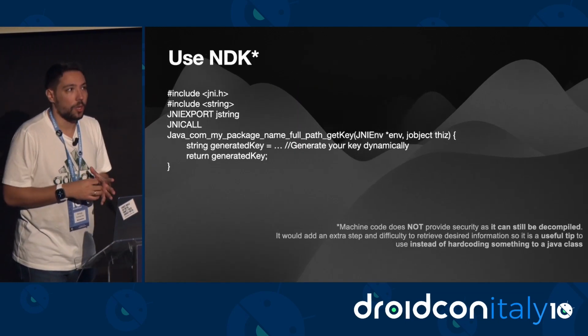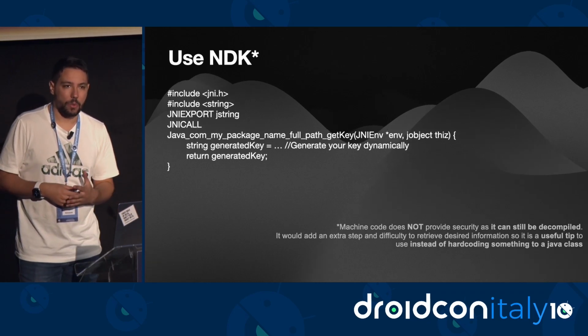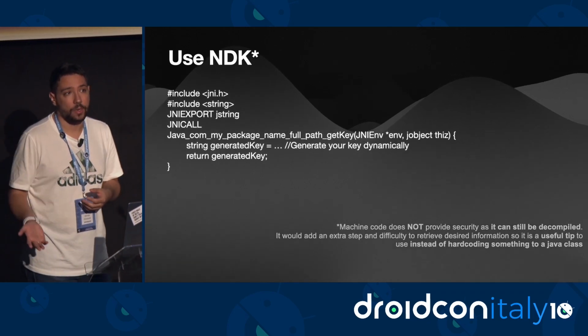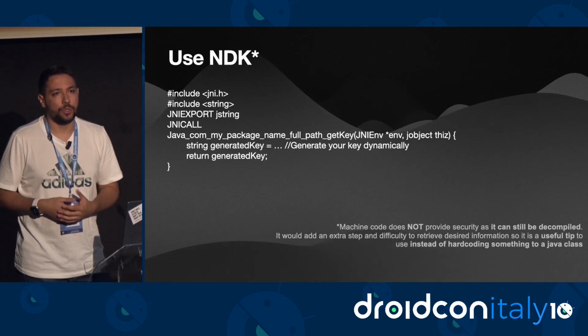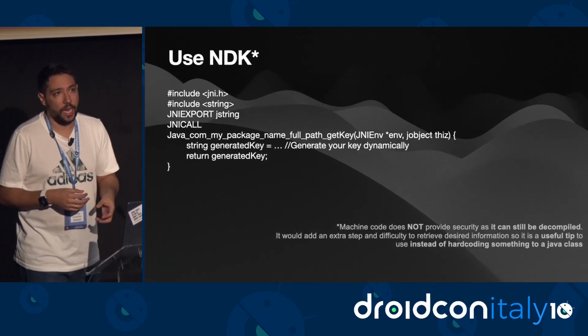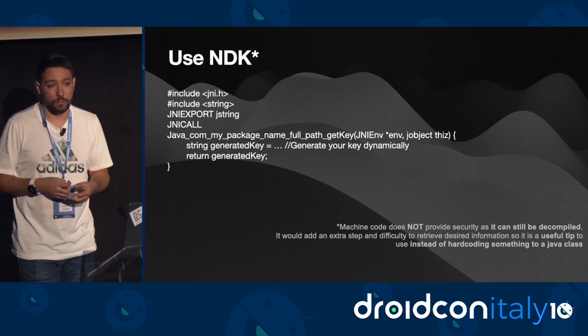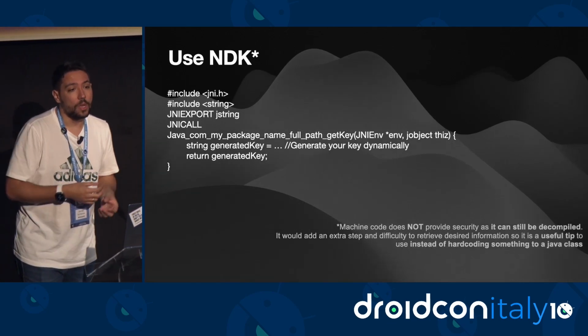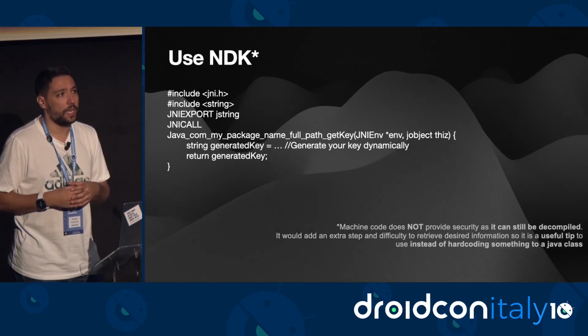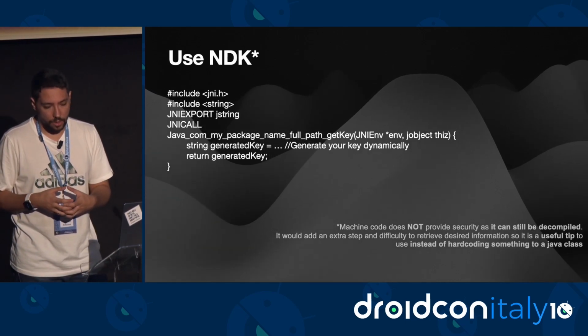Next up, let's talk about the NDK. So when we're creating Android applications, we're of course writing with Java and Kotlin, but we also have the option to go a level down and write native C code that during the compilation gets compiled into native bytecode.